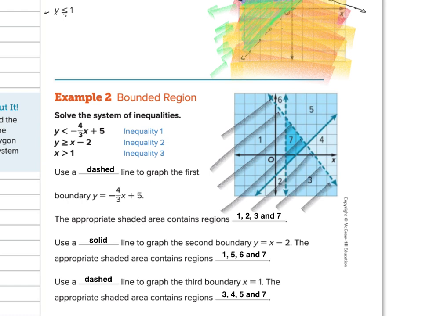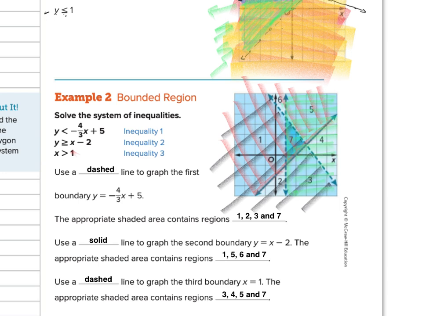This next one we have x minus 2, and it is being shaded greater than, so go in this direction. And then the last one, x is greater than 1, which is this line right here, and it's everything going this direction.